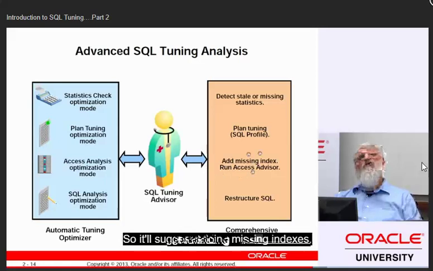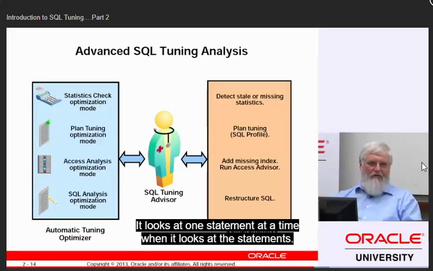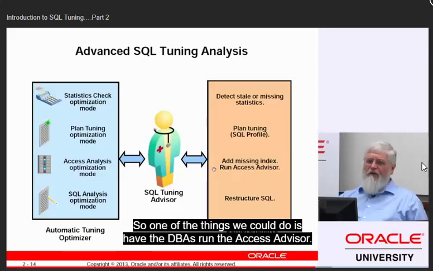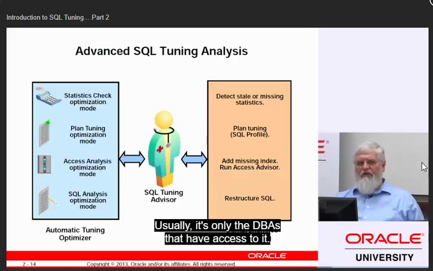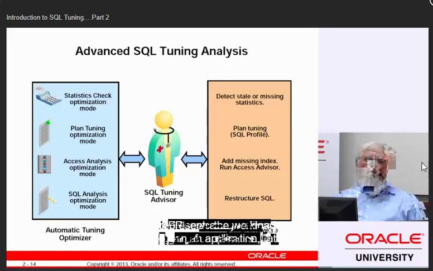So one of the things we could do is have the DBAs run the Access Advisor. Usually it's only the DBAs that have access to it. But we can give it a group of statements that represents the workload on an application, and then it will look for optimizing the index across multiple SQL statements as part of the analysis.